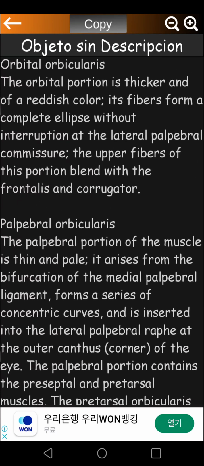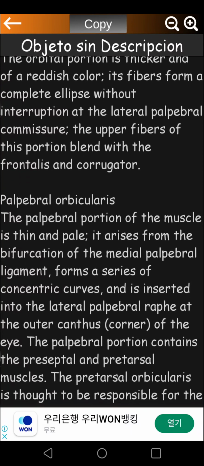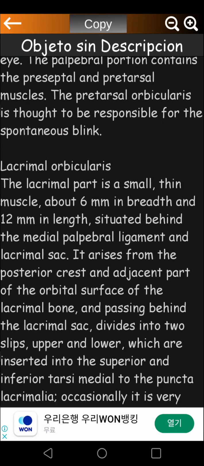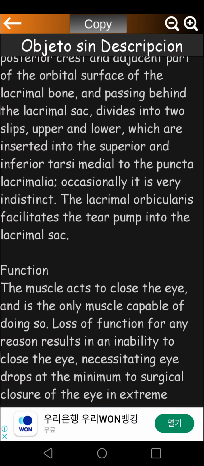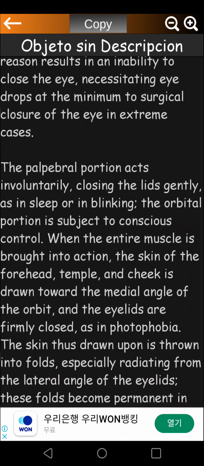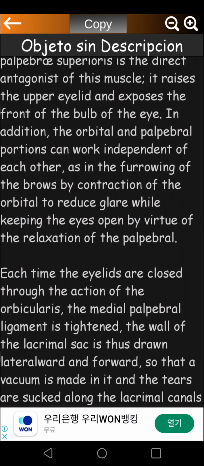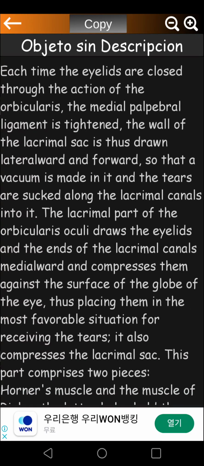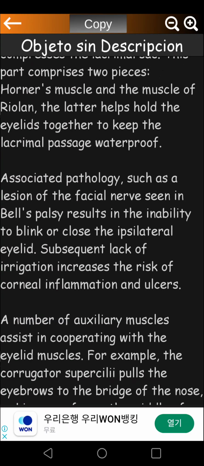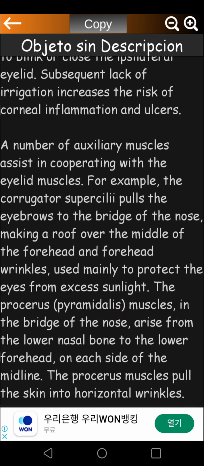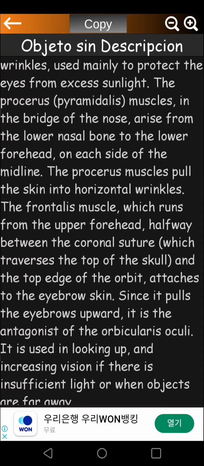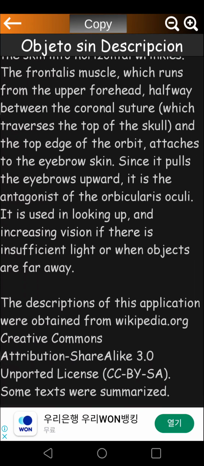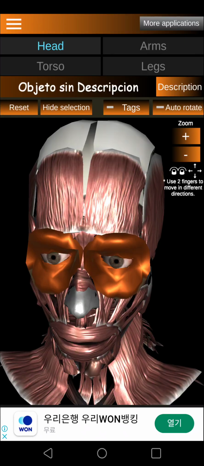The orbital portion is thicker, forms a circular orbital surface over the temple and the bar of the eye. Palsy results in an inability to close the eye, the bridge of the nose, eyebrows upwards.